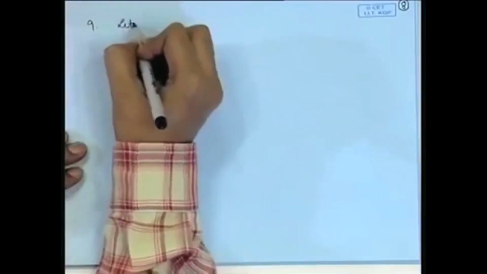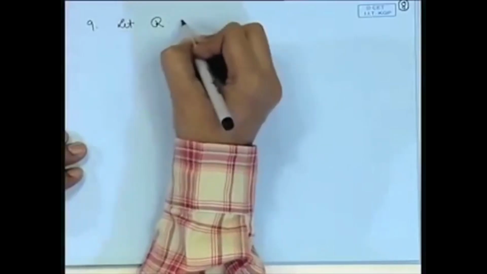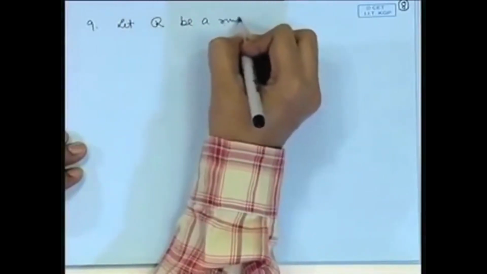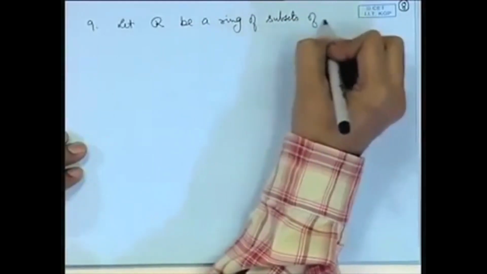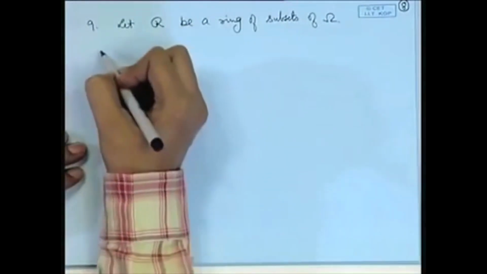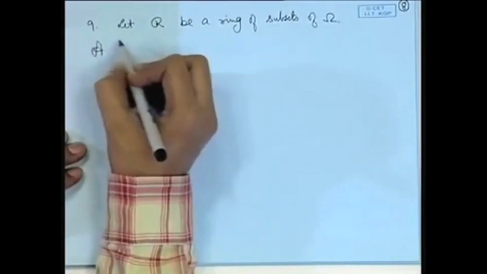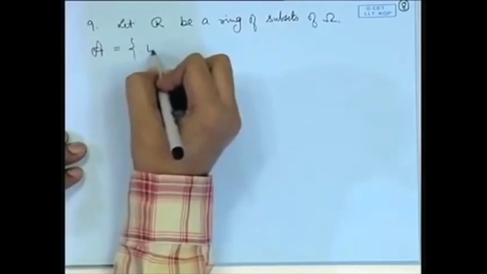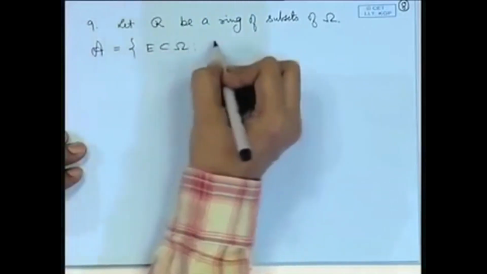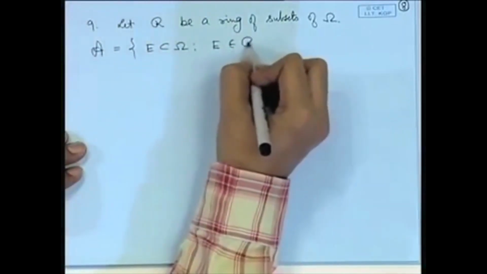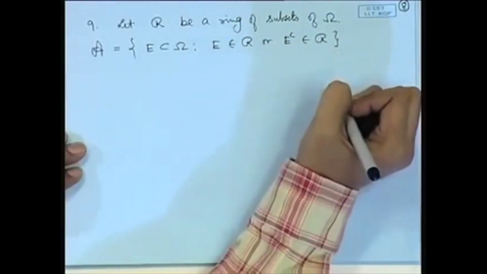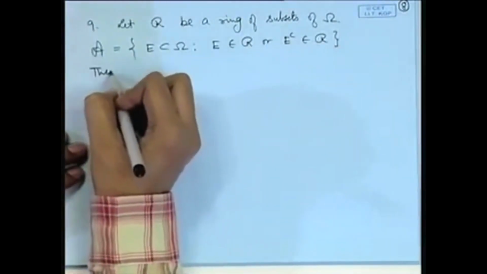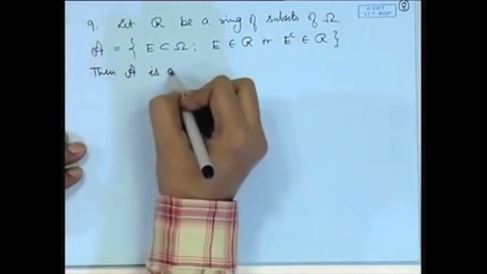Let us consider R to be a ring, and we define the class A to be the class of all subsets E of omega, such that either E belongs to R or E complement belongs to R. Then once again A is an algebra.